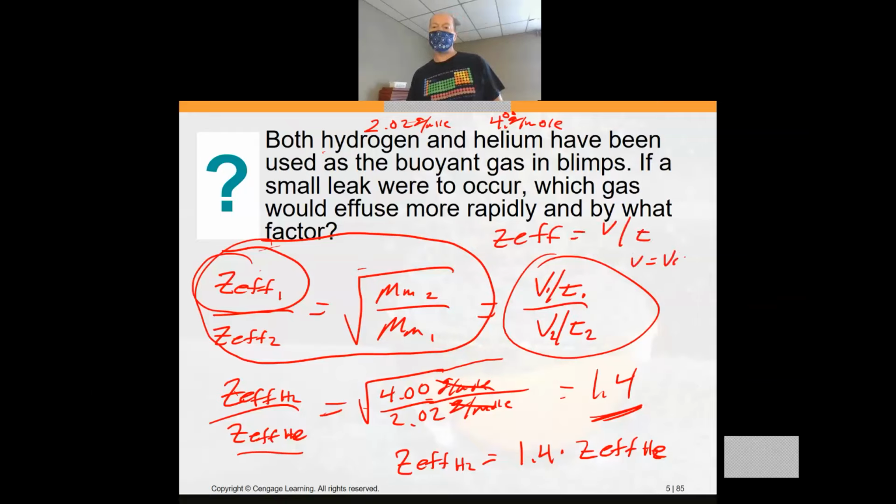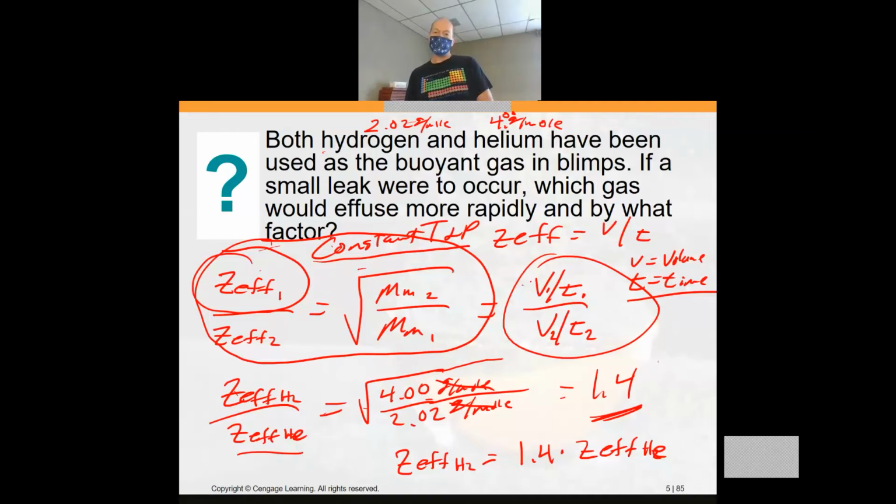V is equal to volume, and t is equal to time. When you're dividing them, that is a lowercase t, not an uppercase T. This is at constant temperature and pressure. Every effusion rate that you're going to see is at constant temperature and pressure, always. Lowercase t is time. Uppercase T is temperature.